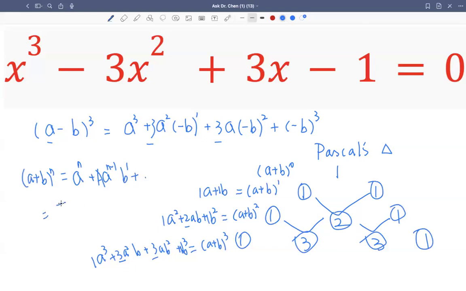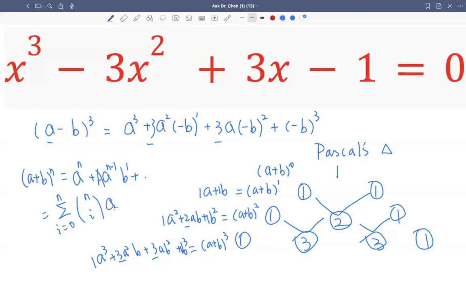So in short, we can write it like this. I start from 0 to n with a summation sign. And the coefficient, how do we get the coefficient? It's n choose i actually. If we use Pascal's triangle, we'll get this pattern. Or we can use a combination, n choose i.